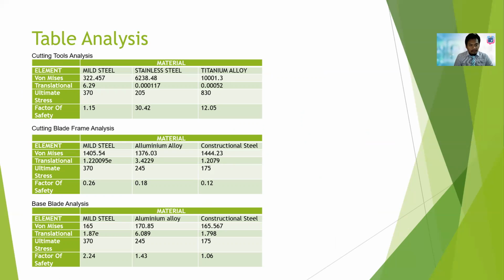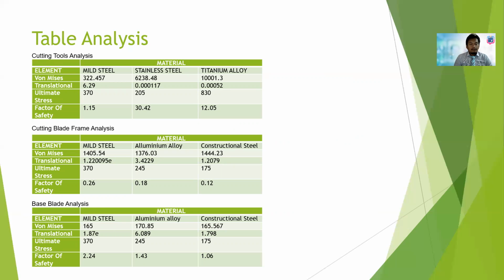For the cutting tools analysis, we use three types of material: mild steel, stainless steel, and titanium alloy. We got von Mises of 322.457 for mild steel, 638.48 for stainless steel, and 1001.3 for titanium alloy.